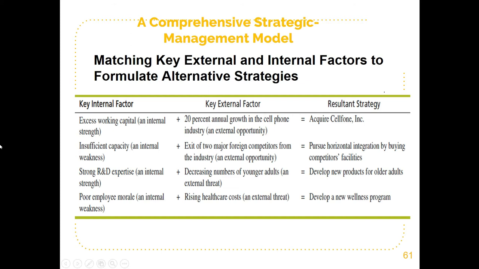There you go, as shown here, the resulting strategy. So this example portrays a simple one-to-one matching. In most situations, external and internal relationships are more complex, and the matching requires multiple alignments for each strategy generated. So the basic concept of matching is illustrated in this table.